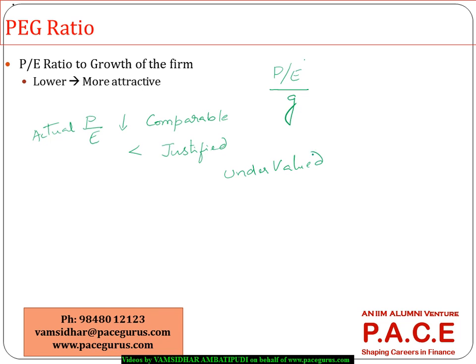And if the numerator is lesser along with the growth being higher, if the growth of the firm is much higher, the price to earnings to growth ratio will be much lesser. So if this PEG ratio is very low, it's an indication that this particular stock is more and more attractive.